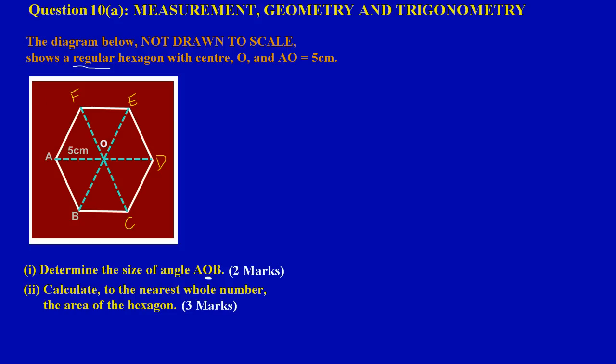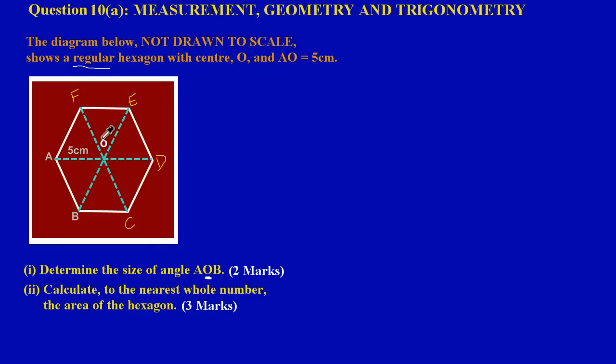Now basically, my friends, here the length of AB would be the same length as BC, which would be the same length as CD, which would be the same length as DE, and so on, okay? So that's what we mean by the length of each side of the hexagon being the same. Now also another important feature about a regular hexagon is that the size of the interior angles also measures the same.